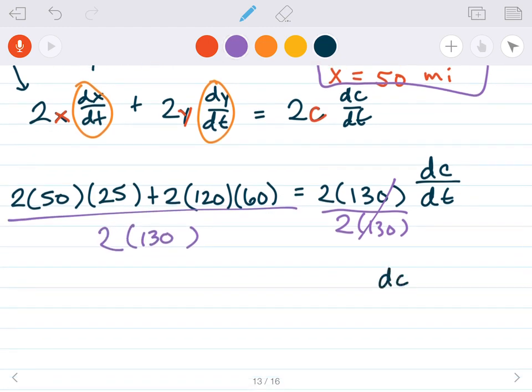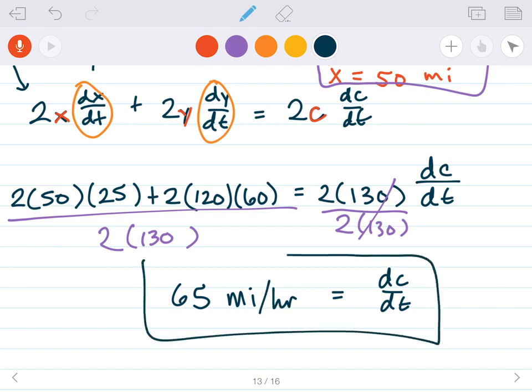So let's see what we get. All right, so I am getting 65 miles per hour. And that is my answer. That is the rate at which the distance between the cars is increasing with respect to time. It's 65 miles per hour.